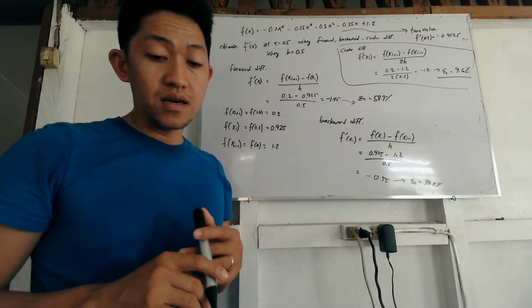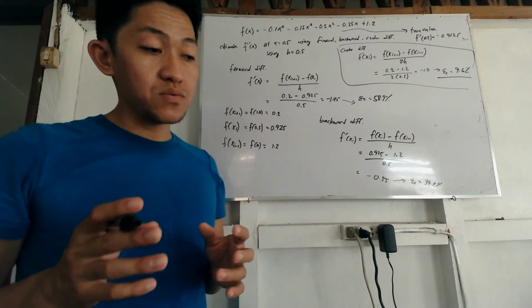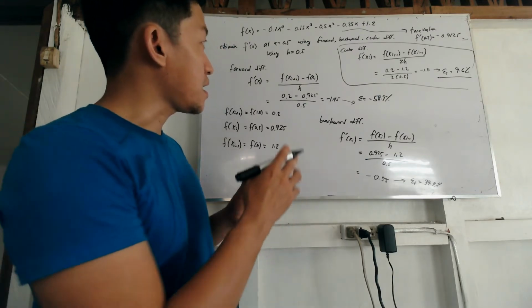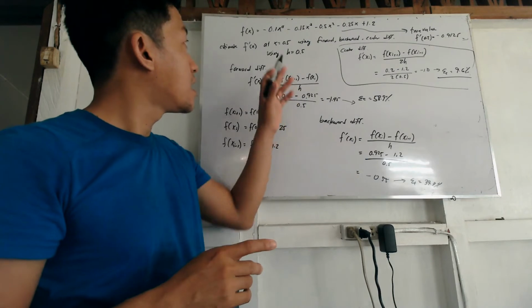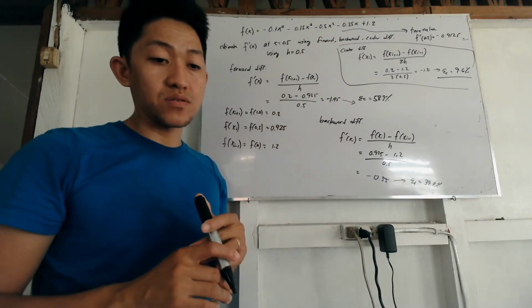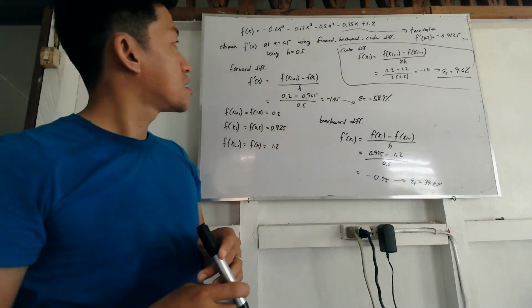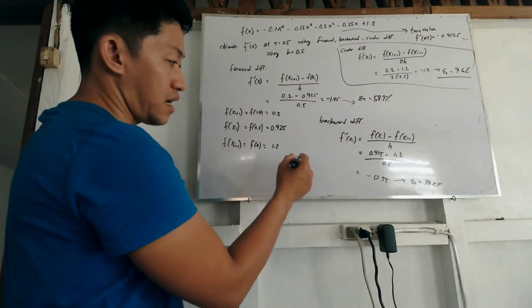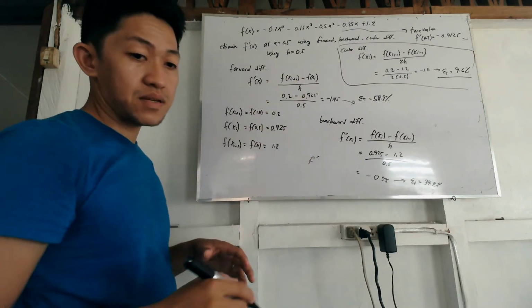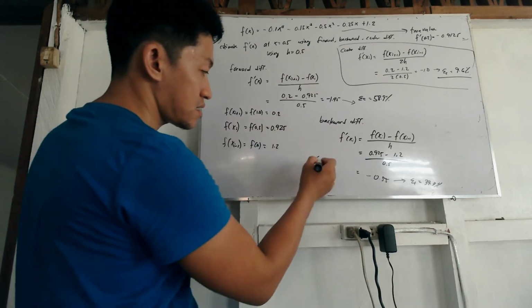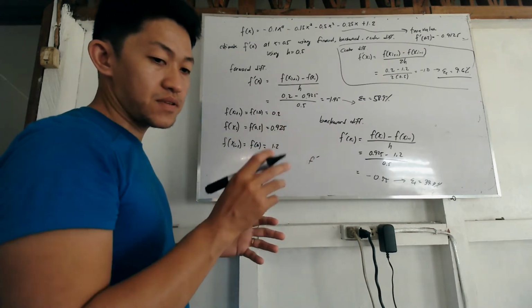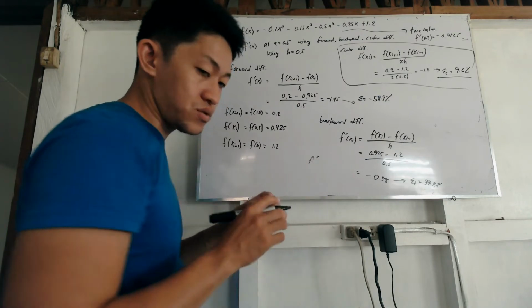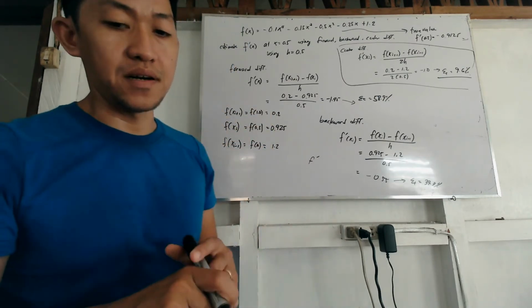Or there's another method wherein you increase the terms you use. Okay, for these three methods, we're just using up to the first derivative. What if we increase the terms of the Taylor series and include the second order or third order?